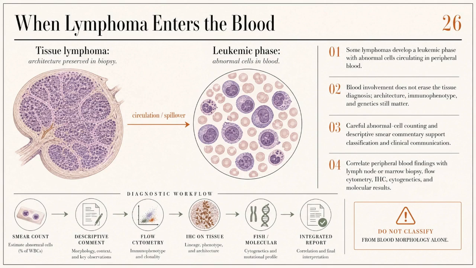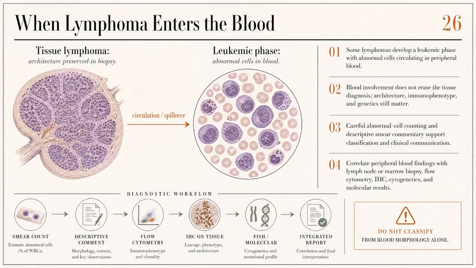The histotechnologist facilitates these processes by ensuring proper specimen triage, maintaining sample integrity, and coordinating timely processing. Immunohistochemistry on peripheral blood or bone marrow biopsies complements flow cytometry by localizing antigen expression within tissue architecture, further refining diagnosis.